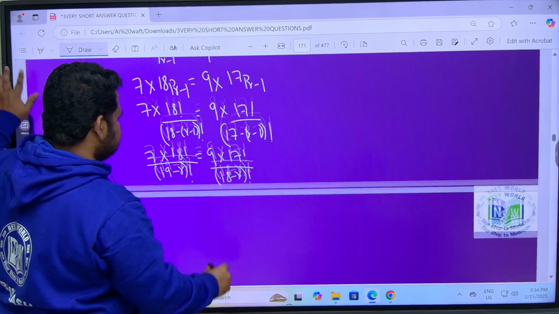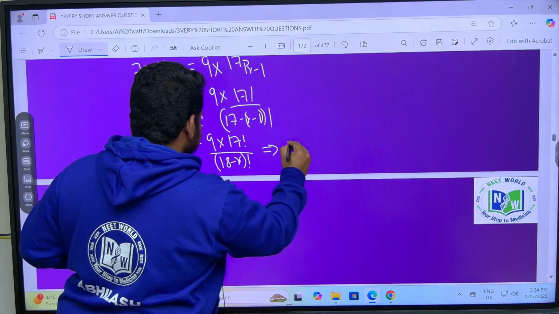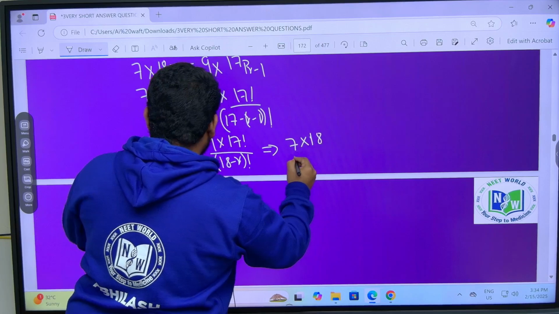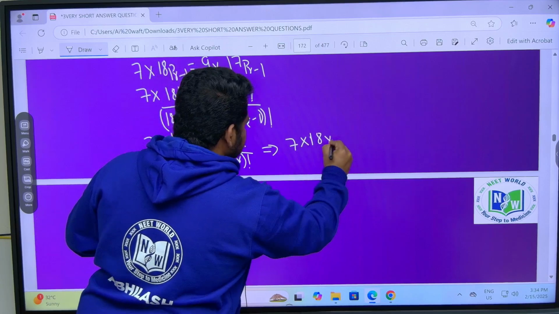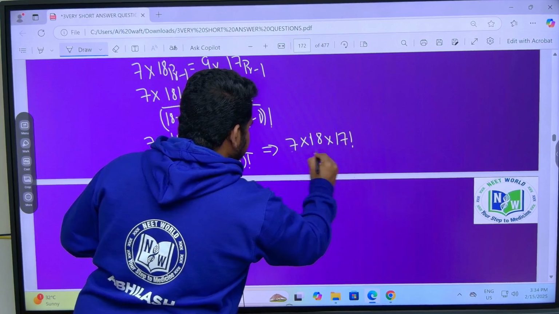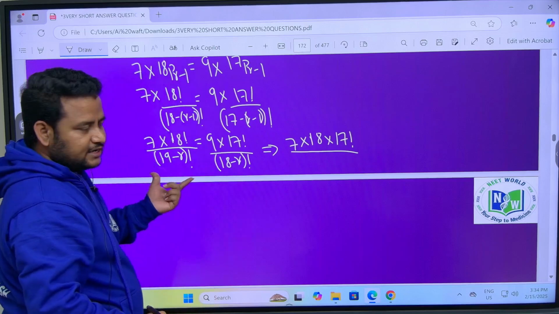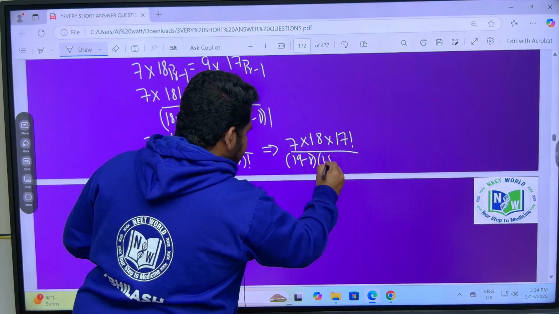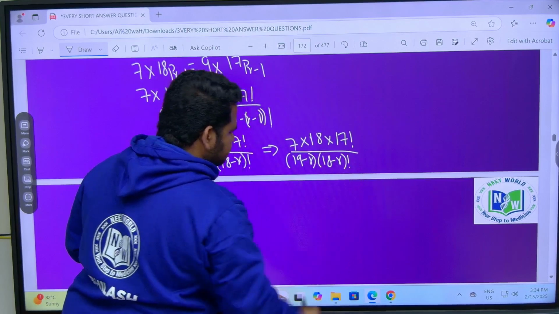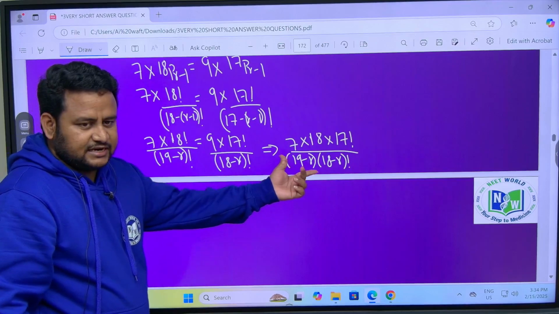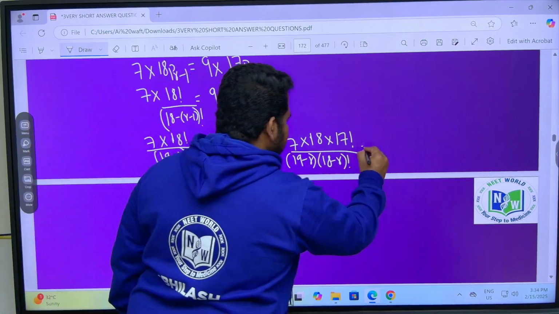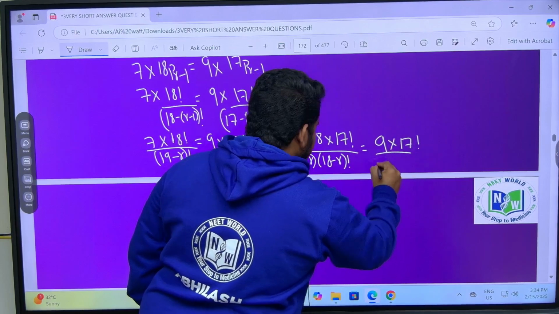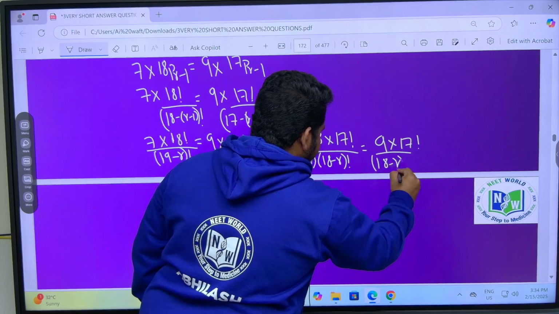So I can write this as 7 into 18 into 17 factorial divided by 19 minus r into 18 minus r factorial, that is equal to 9 into 17 factorial divided by 18 minus r factorial.